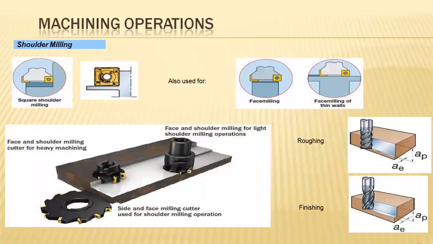In the case of the shoulder milling process, square shoulder milling is also used for face milling and even face milling of thin walls. Most probably, this process is used in heavy machining strategy, where the tools get fixed and remove the material.